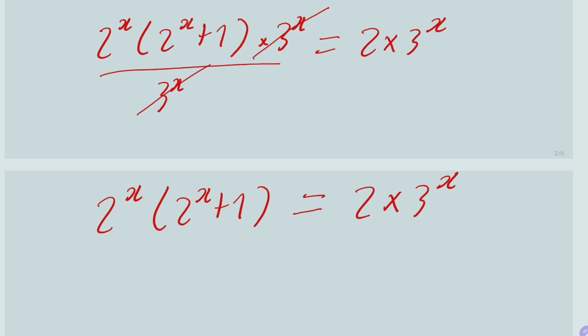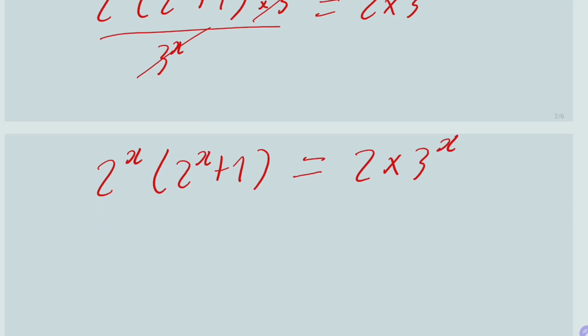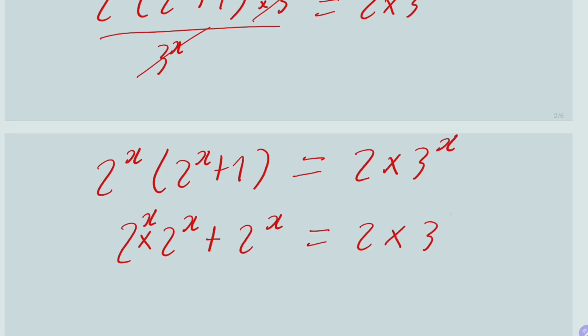Now we can simply expand the equation, and this is how it's going to be: 2 to the power x times 2 to the power x plus 2 to the power x is equal to 2 times 3 to the power x.